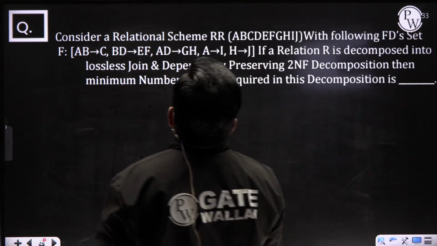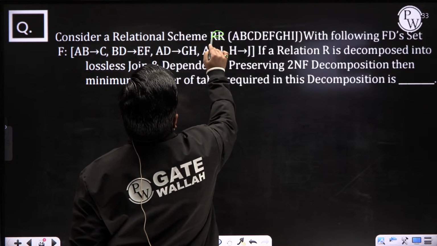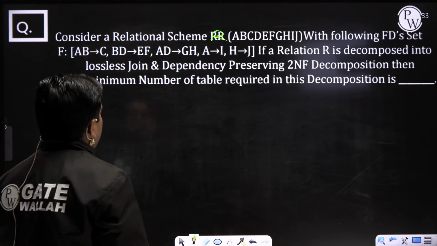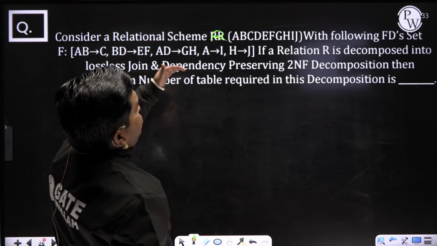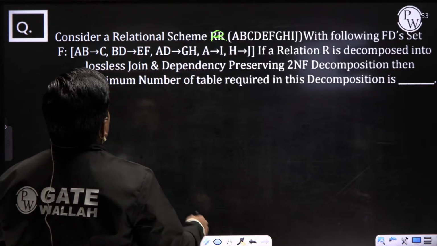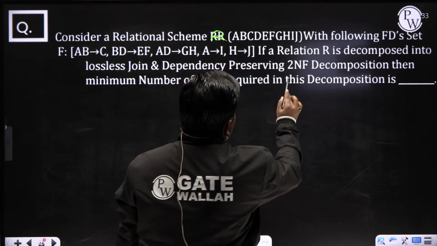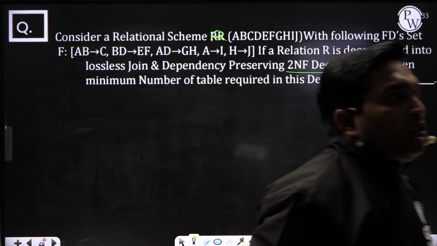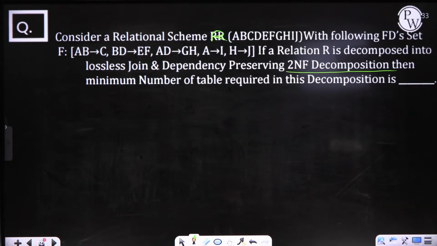Consider a relational schema R, A, B, C, D, E, F, G, H, I, J with the following FDs: AB tends to C, ABD tends to EF, AD tends to GH, A tends to I, H tends to J. If a relation is decomposed into lossless join and dependency preserving 2NF decomposition, then what is the minimum number of relations required? Solve everyone. Please solve everyone.